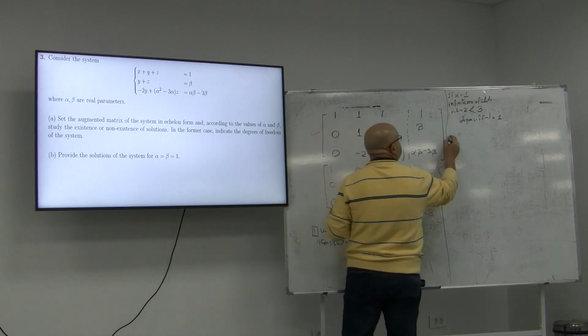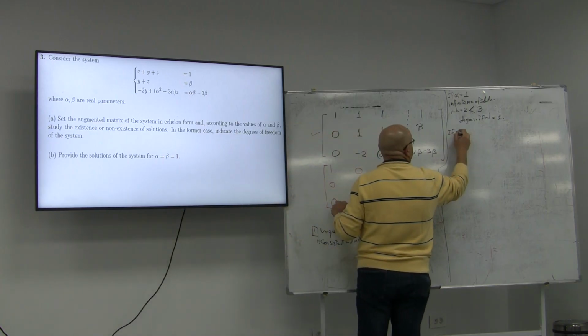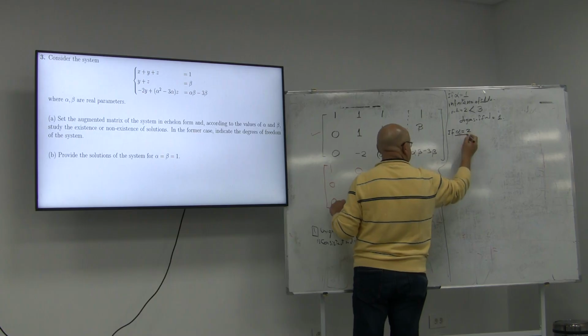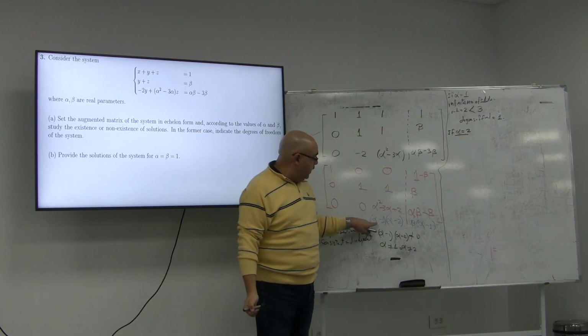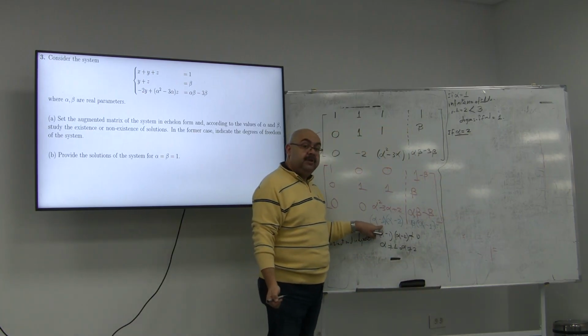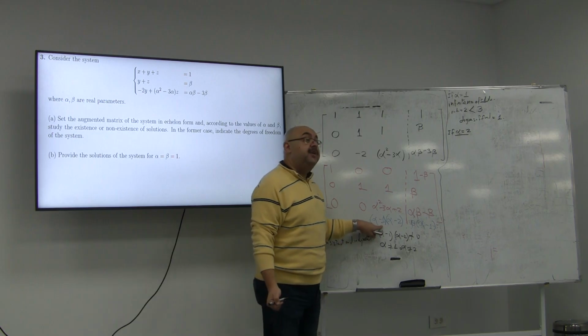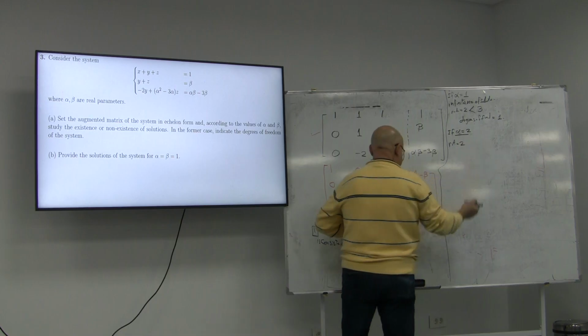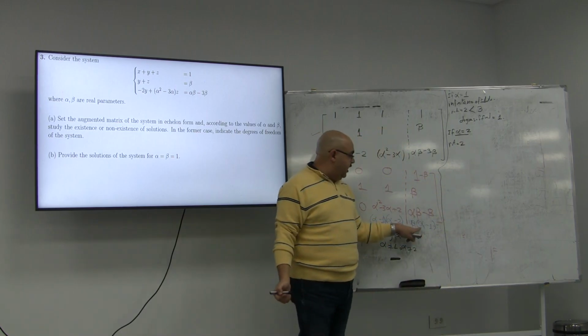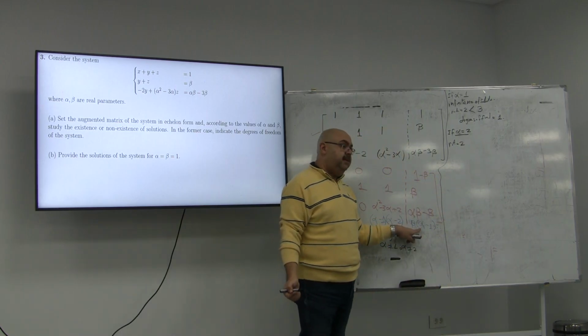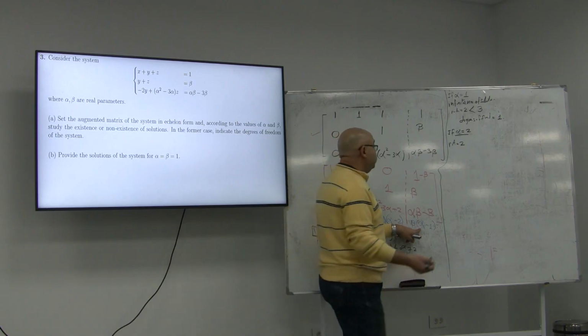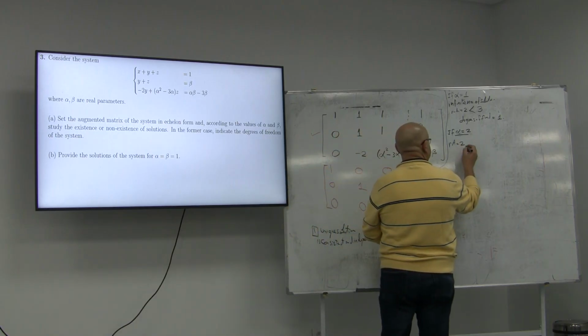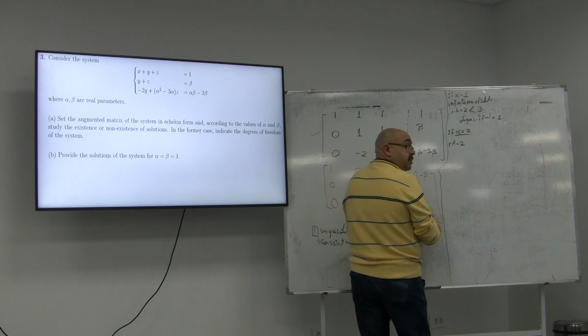طيب if alpha equals 2, خلي بالك ده هيبقى بزيرو. This is going to equal 0. So the rank of A will be 2. But if alpha equals 2, this is not going to be 0. Okay? So if alpha equals 2, خلي بالك الفاليو دي مش هتبقى 0.